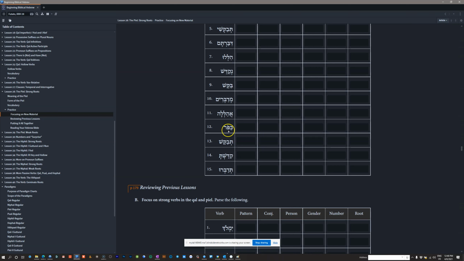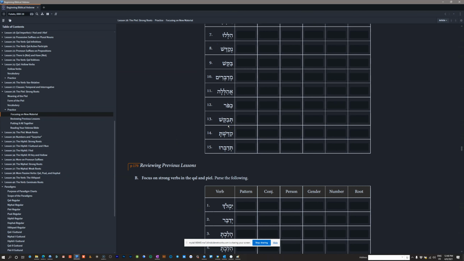My guess is it's infinitive rather than imperative, because if this were imperative, we would probably have the tsere here. Number 13, let me double check right quick, make sure, yes, okay. We've got that tav prefix with a schwa. So again, I know it's Piel imperfect. The tav prefix with no suffix indicates 3fs or 2ms. And then my root would be beit, kof, shin.